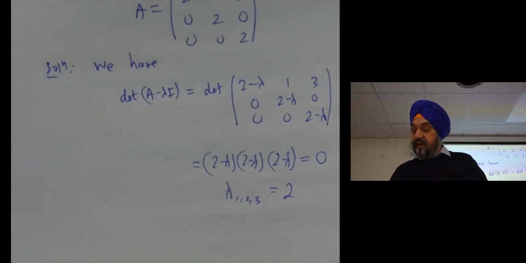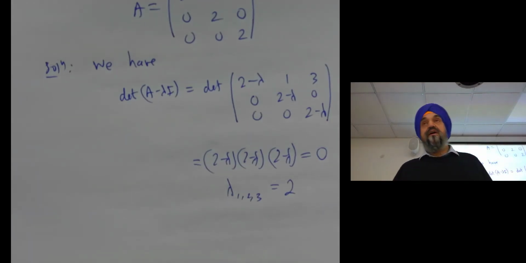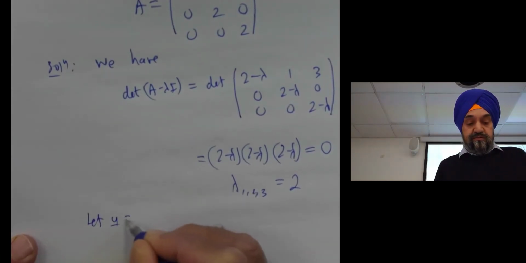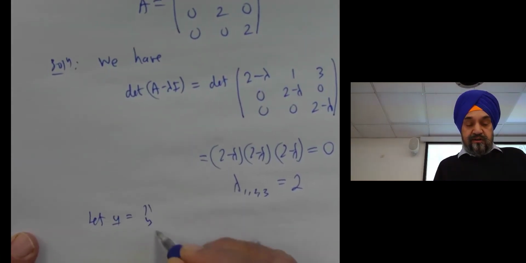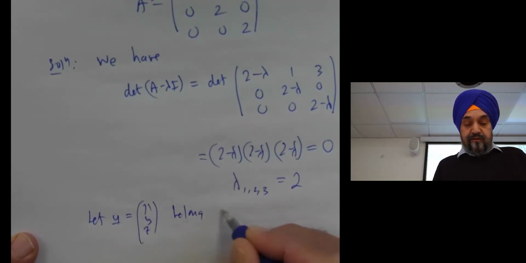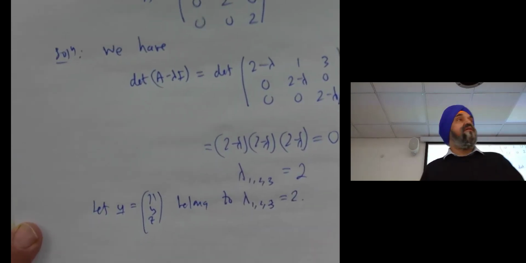Okay. Now, how do we find the eigenvector corresponding to this? Let u equal (x, y, z) belong to lambda equal to 2. How do we find this?